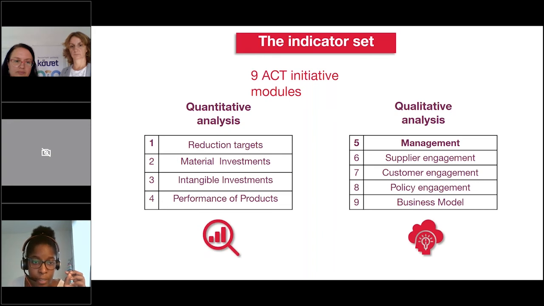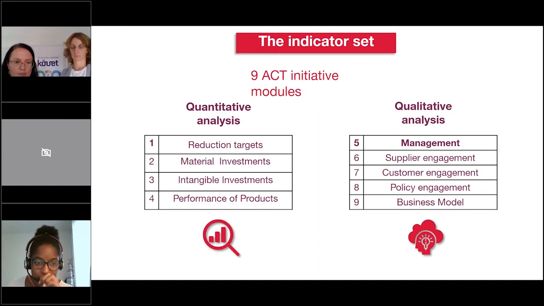In module 3, it's the intangible investments, which allow us to look at companies' involvement in the emergence of technology or other practices contributing to a low carbon economy. Module 4 regards performance of product sold, focused on the company's impact on its value chains as a whole.